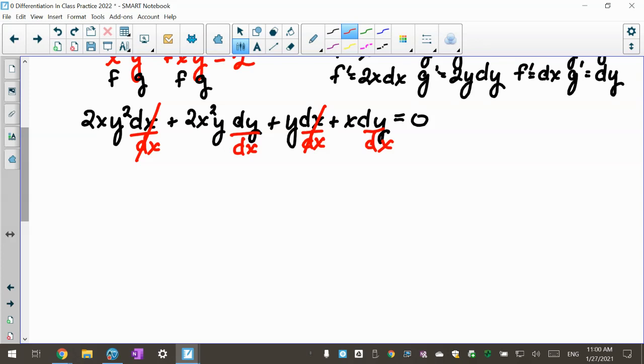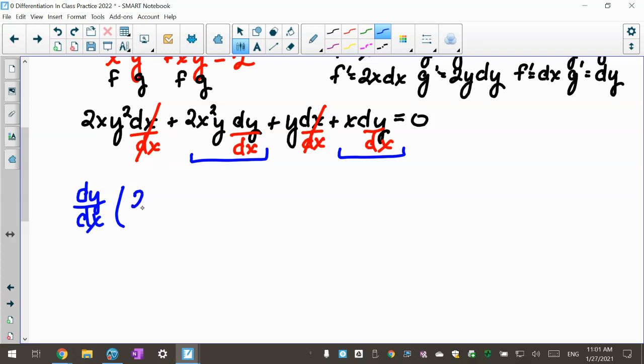Okay. Now I'm going to keep the terms with the dy dx in them. So I'm going to use this one right here. I'm going to keep this on this one side, and move the 2x squared y, the x y squared and the y over on the other side. So to save a few steps, I'm going to factor out the dy dx right off the bat because that's what I'm solving for.